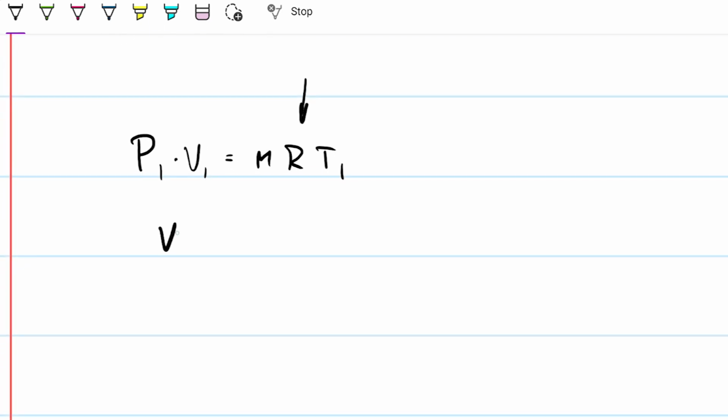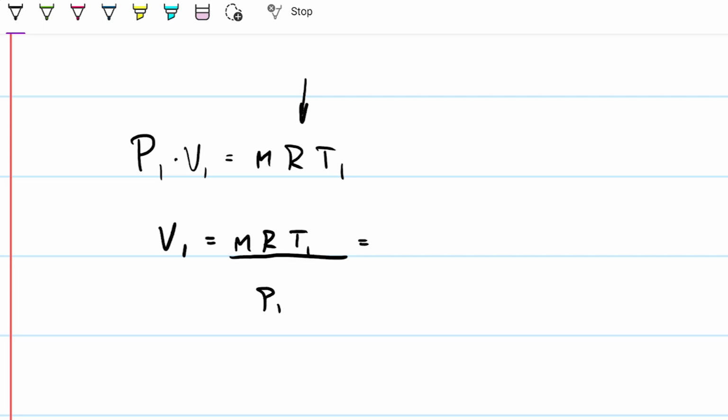Okay, so I'm looking for V1, so that's just going to be m or n R T1 divided by pressure 1. In this case, if I'm using moles, I'm going to convert 1 kilogram to moles.